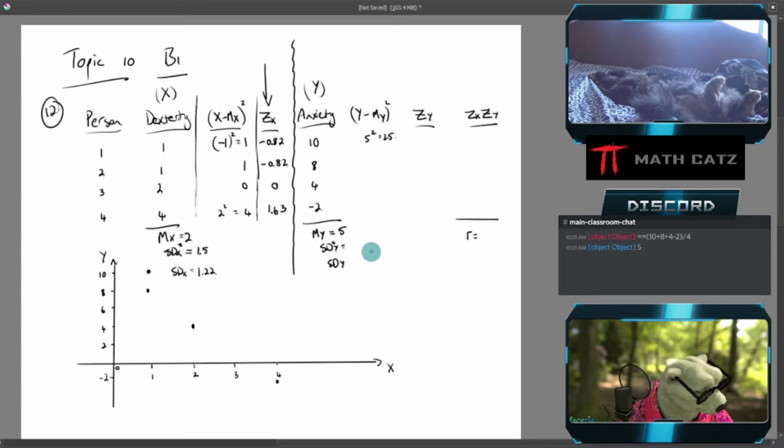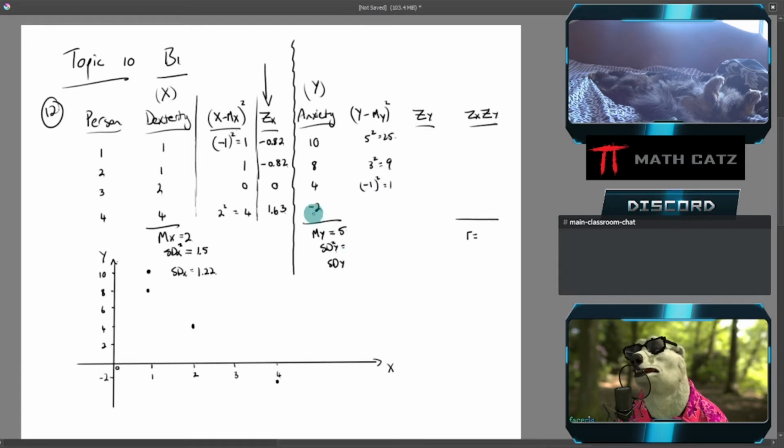Next one would be 8 minus 5 will be 3. Square that for a 9. 4 minus 5 will be a negative 1. Square that for a 1. Last one, negative 2 for y, minus 5 will be negative 7. Square that for a 49.